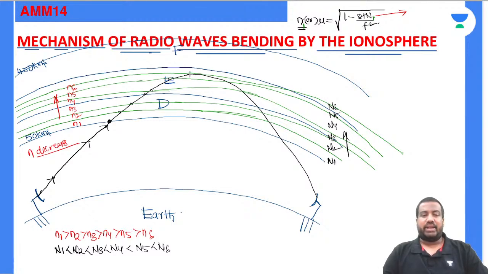At one point, what is the amount of refraction here? The refraction angle is 90 degrees. At this point, the wave will start to come down.